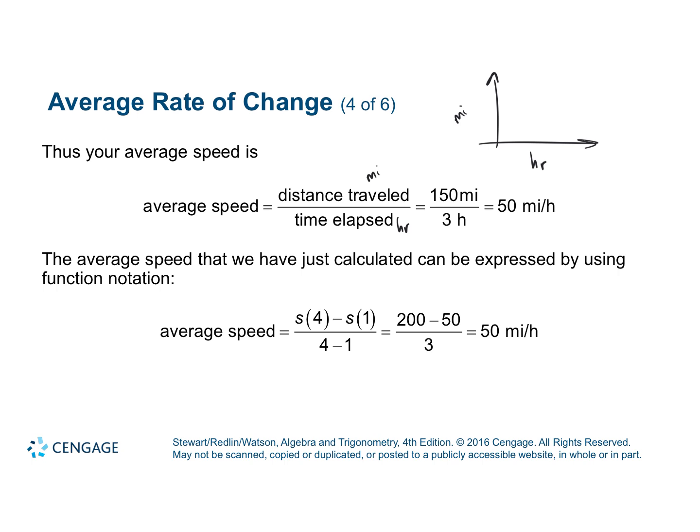The average speed that we just calculated can be expressed using function notation. So instead of y2 minus y1 over x2 minus x1, you can do s of 4 minus s of 1. Keep in mind the points were 4, 200 and 1, 50. So the 4 would be based on the x value.